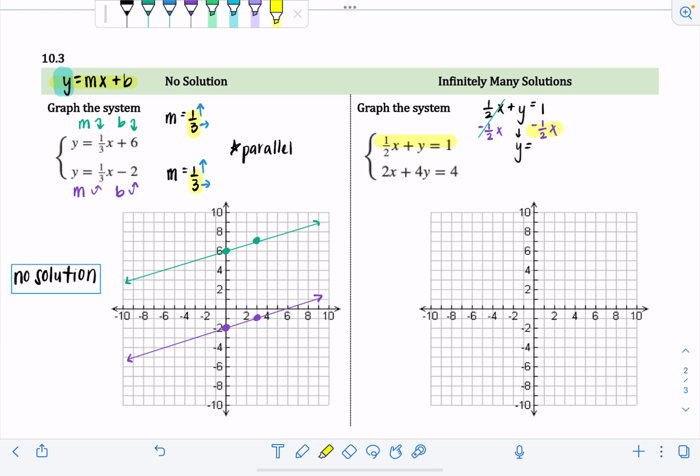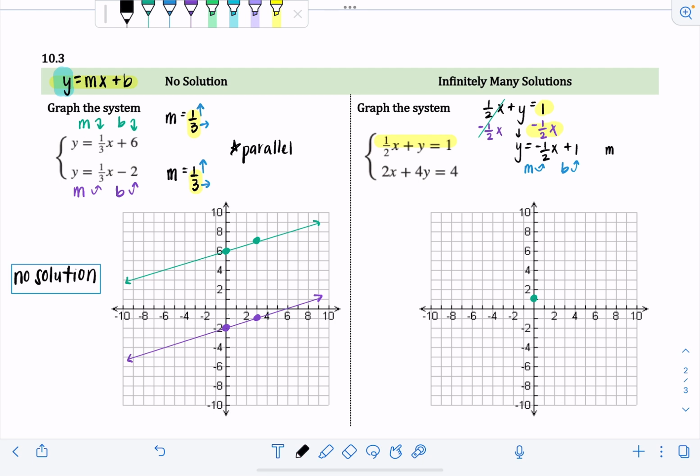So I'm going to write this negative 1/2 x first, and then plus b, so this is a positive 1, so I would do plus 1. Now I can see m is negative 1/2, that's what's being multiplied by x, and b is 1, that's my y-intercept. So I'm going to go to 1 on the y-axis and put a point there.